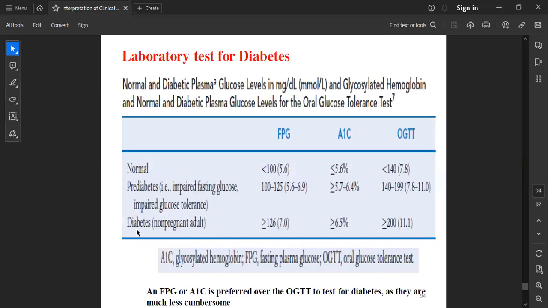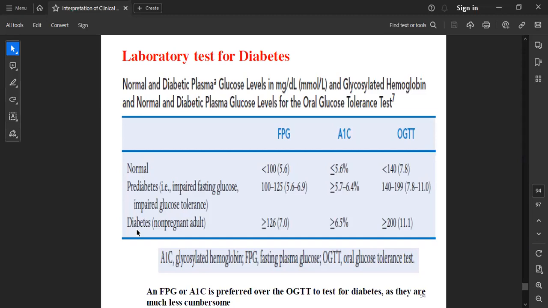So for diabetes, I think we know the values. The normal values after blood tests: fasting is less than 100, or less than 5.6. The HbA1c value for normal patients is less than 5.6 as well.